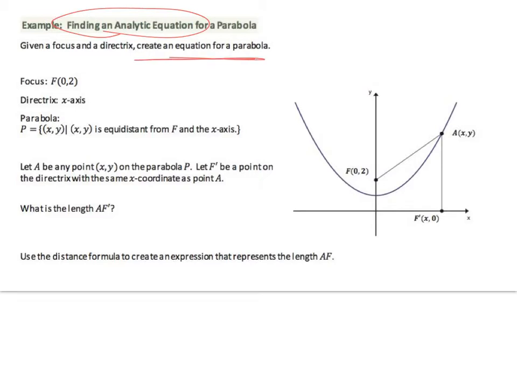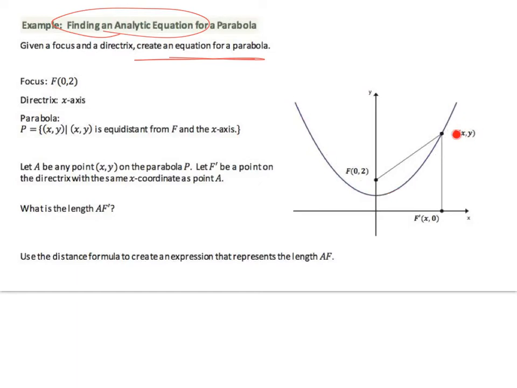Our focus is at point (0, 2). Our directrix is the x-axis. And our parabola is going to be a set of x and y points where (x, y) is equidistant from the focus and the x-axis. So these are going to be all of our x and y points.